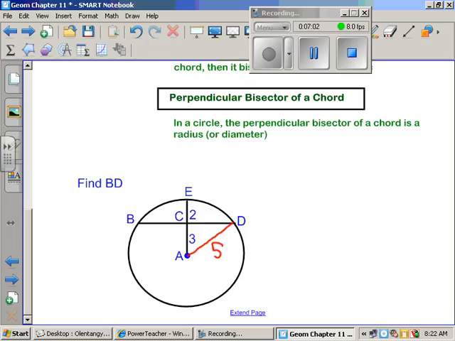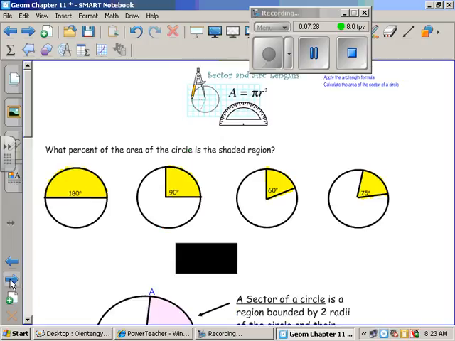So 3 plus 2 is 5. And the distance from the center to anywhere on the circle makes a radius, so they're all 5. What's the length of this side? It's a 3, 4, 5 triangle. It's a Pythagorean triple. So that's 4. So the length of BD is 8. Good.